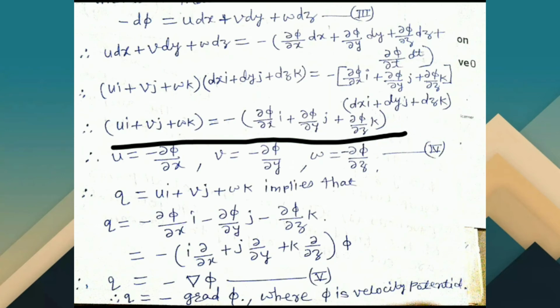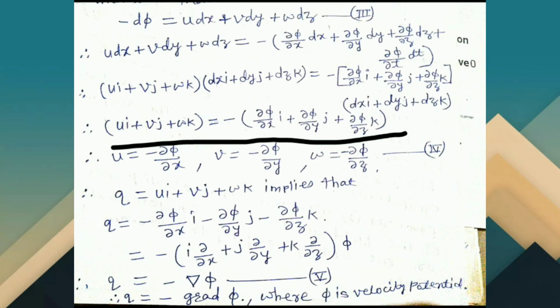So this ui plus vj plus wk can be written as minus dou phi by dou x i plus dou phi by dou y j plus dou phi by dou z k.